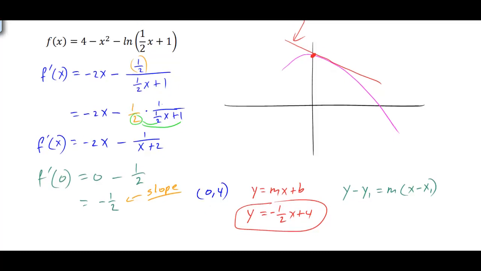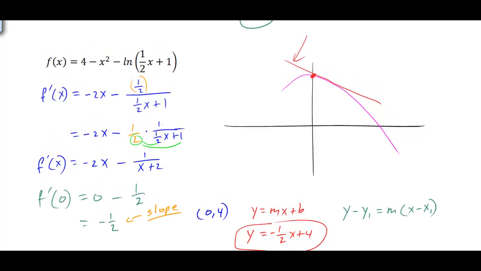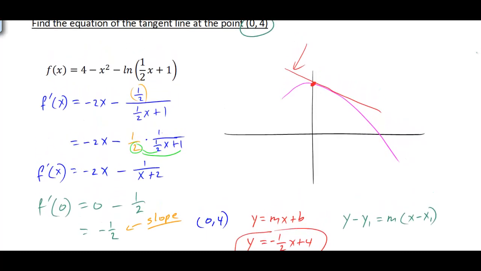So I just wanted to reinforce and keep in mind that when we find the derivative, we're really finding a formula that gives us the slope at any point on the graph. Or instead of the slope, we can think of that as the rate of change.